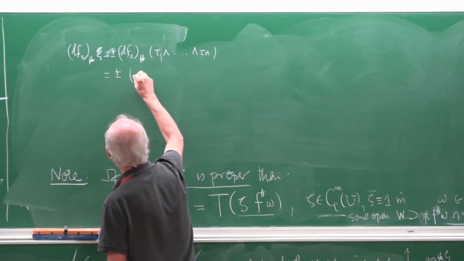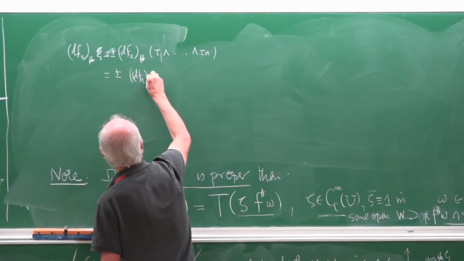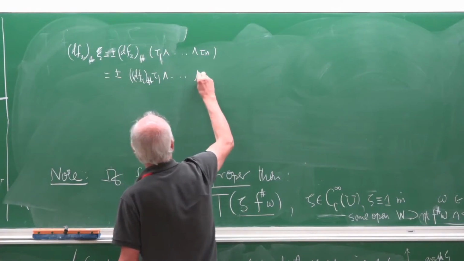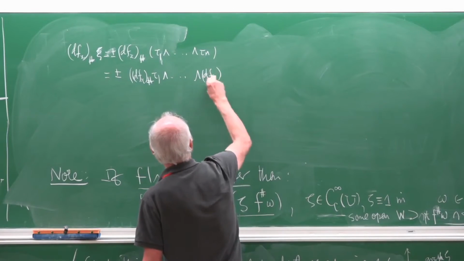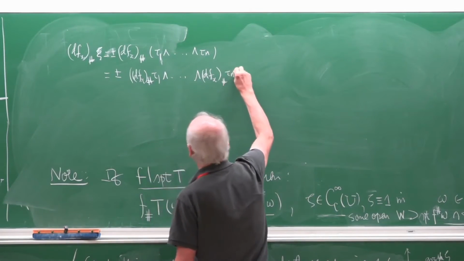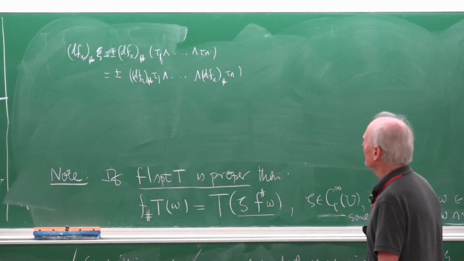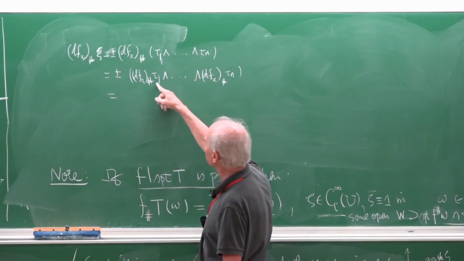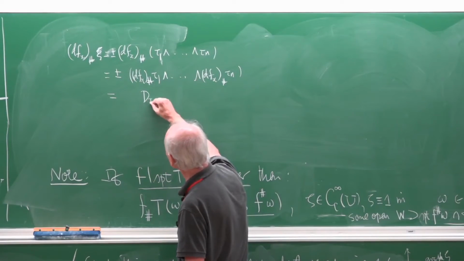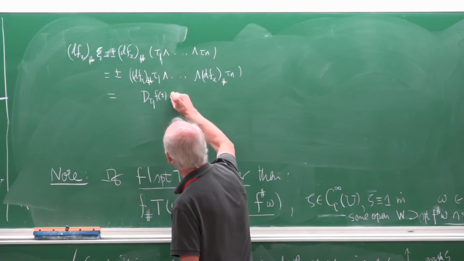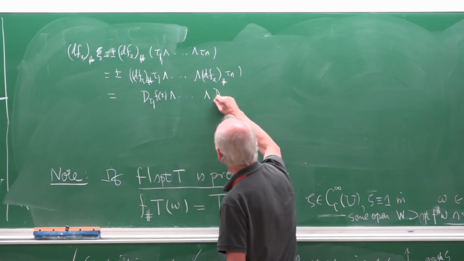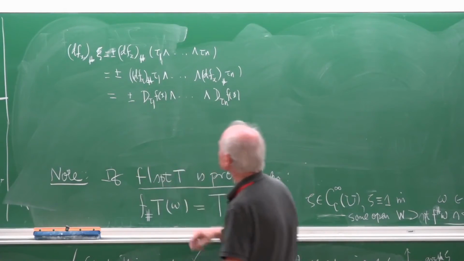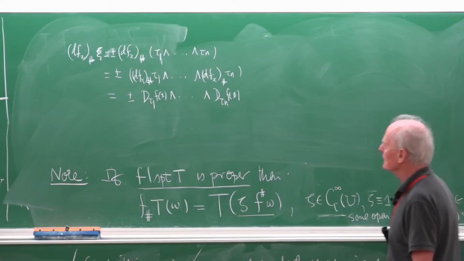So this is plus or minus d f x sharp tau 1 wedge up to d f x sharp tau n. This is just the induced linear map hitting tau 1, which is just the directional derivative in the direction tau 1. So D tau 1 f of x, wedge, etcetera, up to D tau n f of x. So plus or minus. And now we can work that out too.